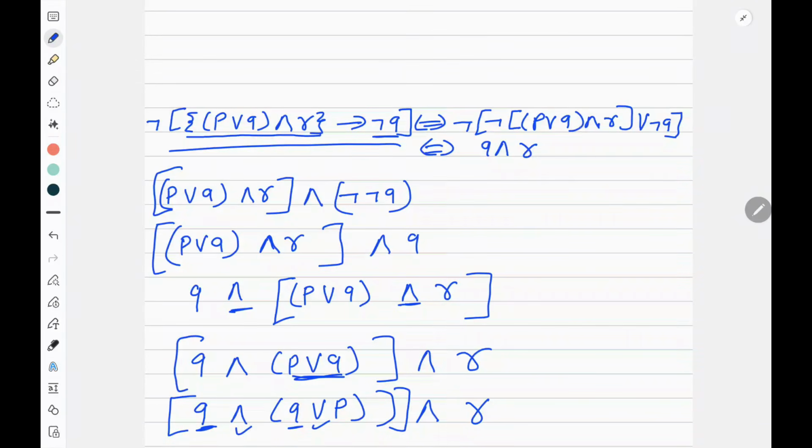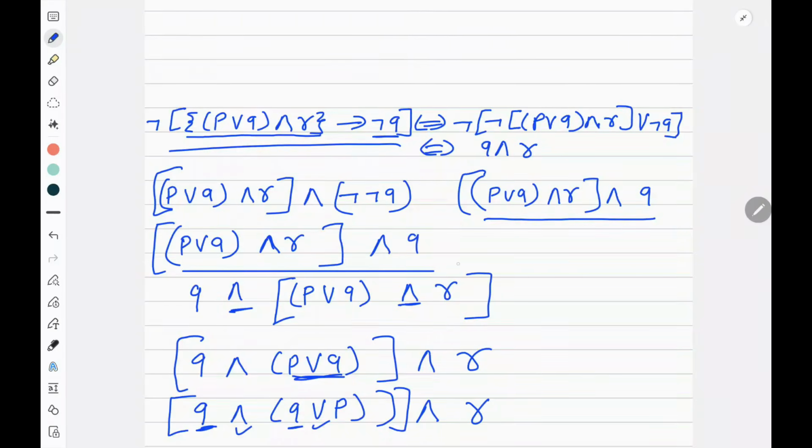Negation of this. So double negation will make it this thing. Okay, this or will become and, again double negation it will become Q. So if you observe this, I got it somewhere here also. Right, so exactly the same way you can solve and you'll get the same answer. So this question is also done.